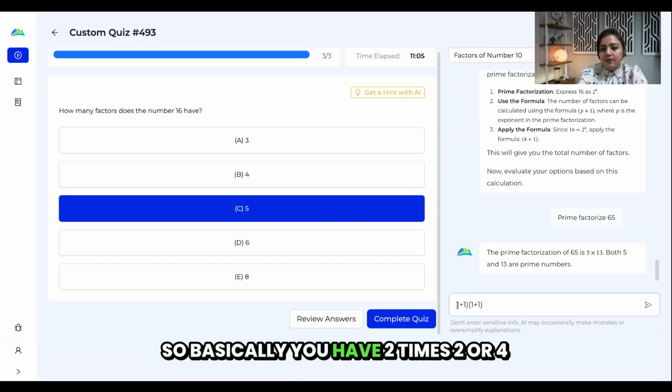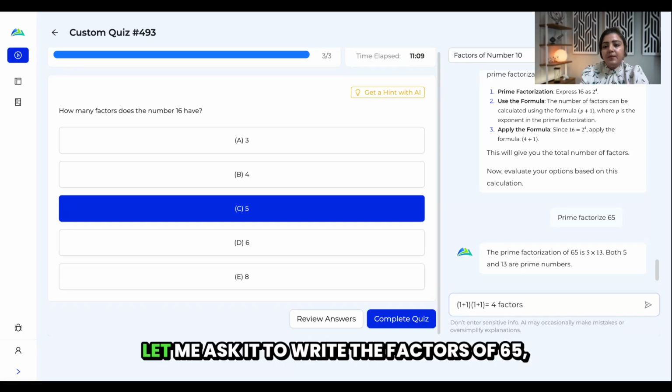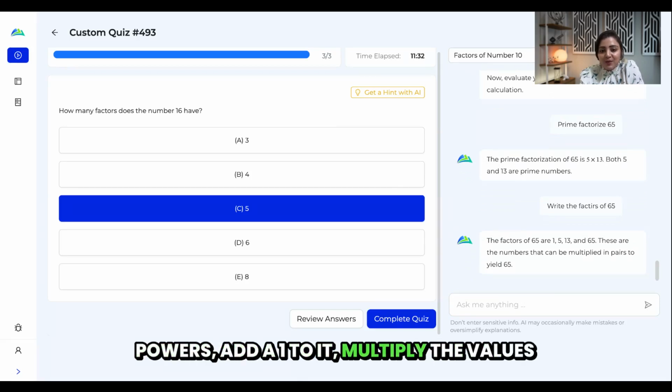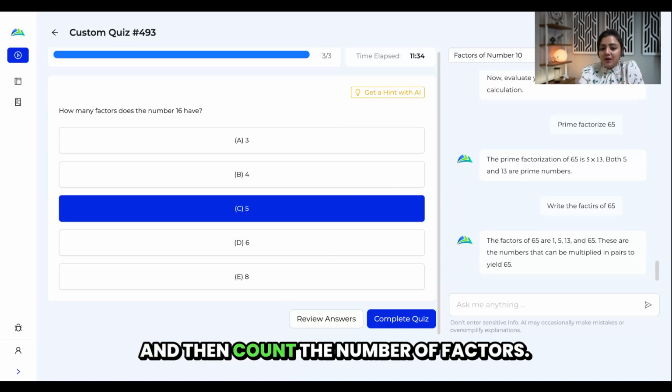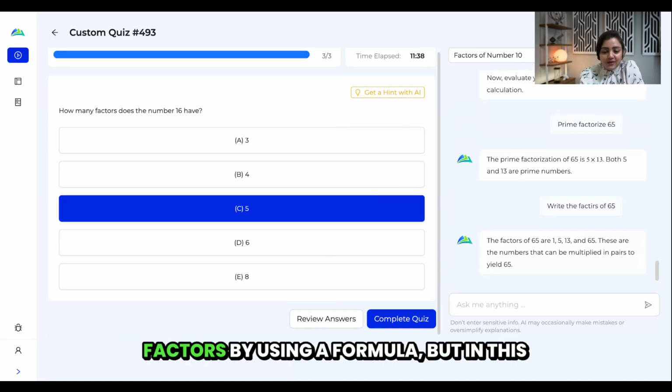So basically you have 2 times 2 or 4 factors. Let me ask it to write the factors of 65. 1, 5, 13, 65. There are 4 factors. Like I said, prime factorize it, take the powers, add a 1 to it, multiply the values, and then count the number of factors. That's how you can find out the number of factors by using a formula.